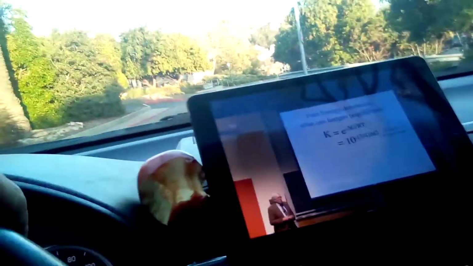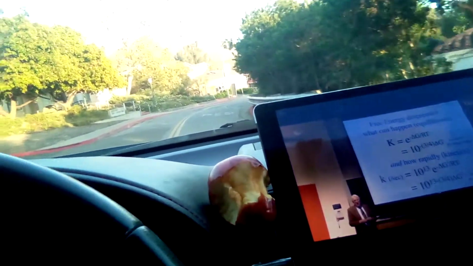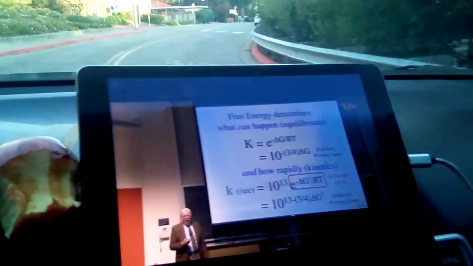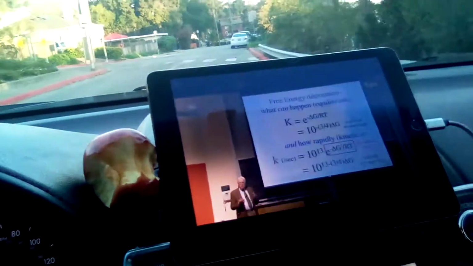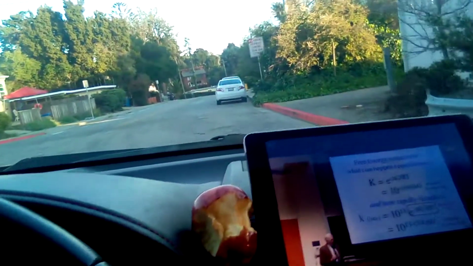Okay, now, so free energy determines what can happen at equilibrium, but also how fast it happens in kinetics. And for that purpose, we need to know what the energy is, either the free energy or the heat at least, of the transition state.